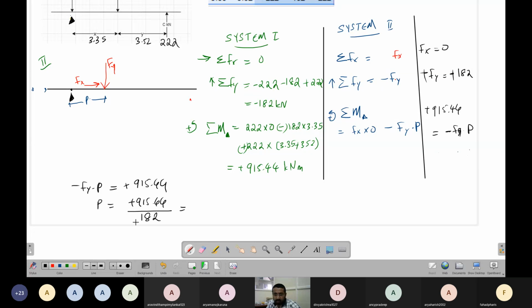So what is the value? 915.44 divided by 182 is equal to 5.02. 5.02, right? So this should be with minus.